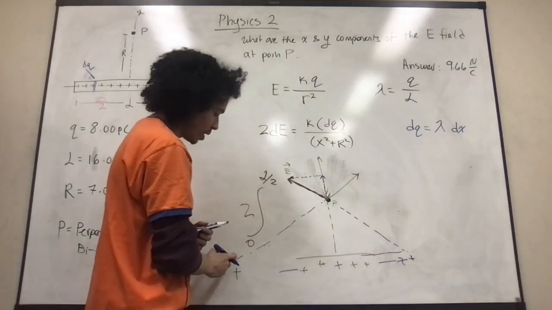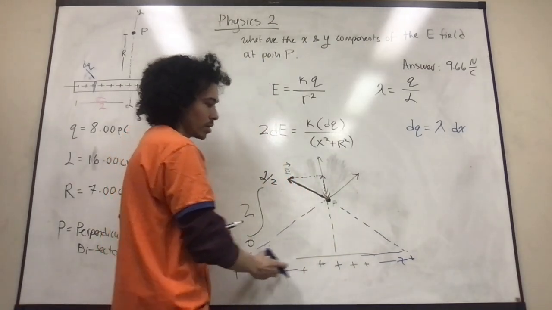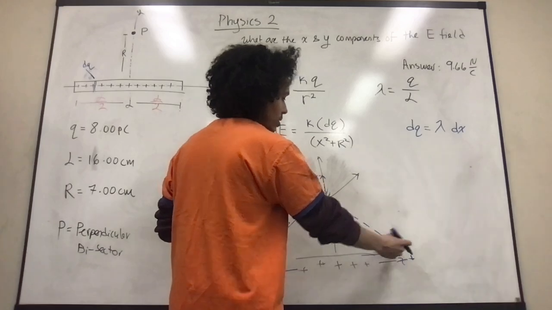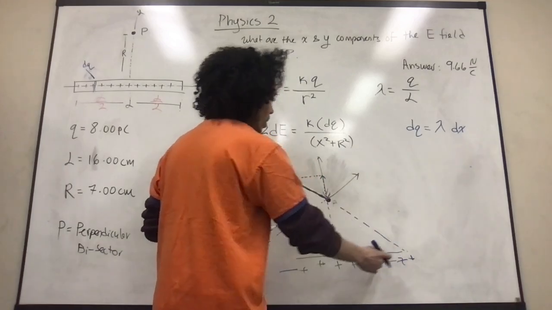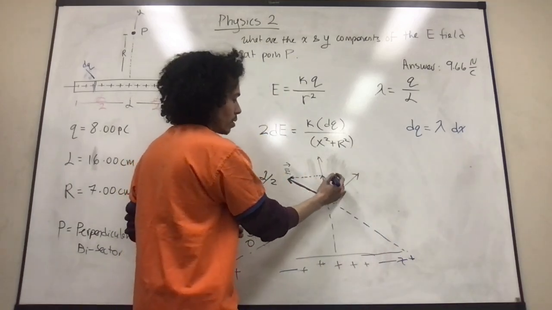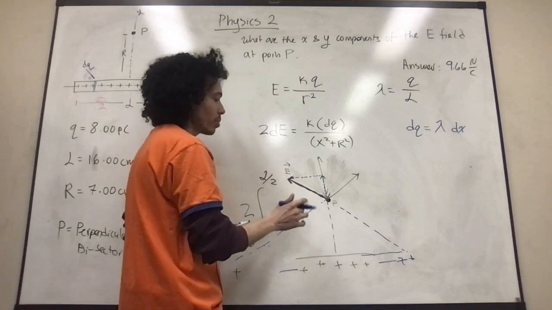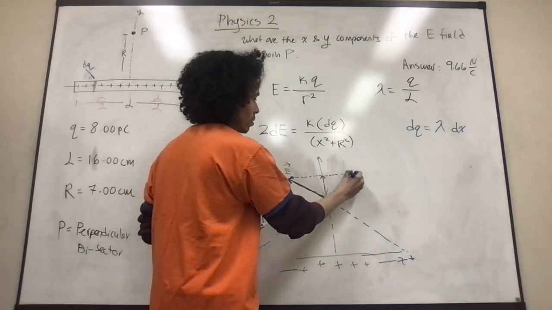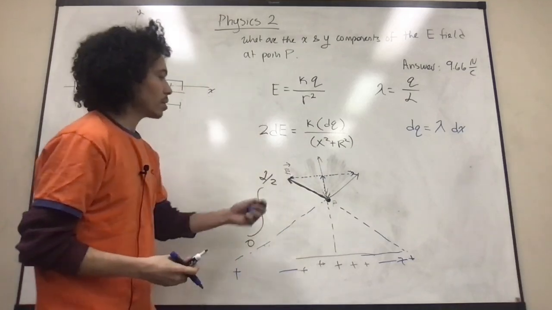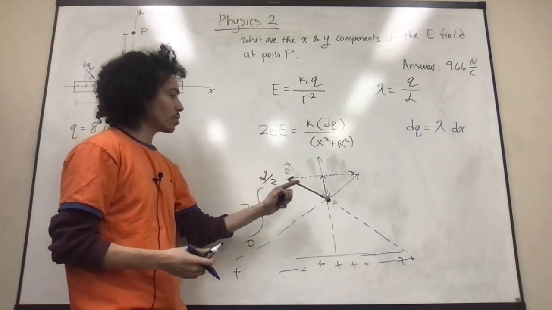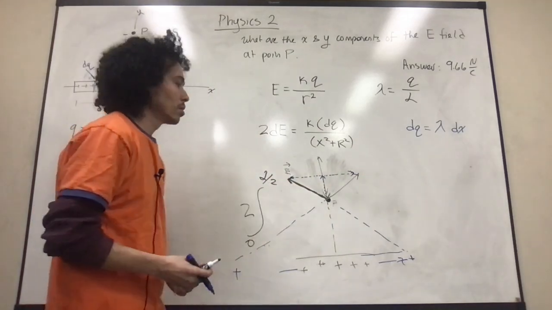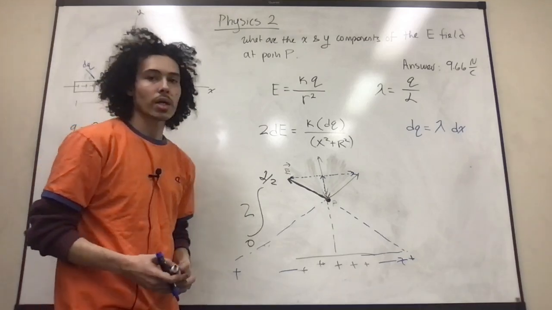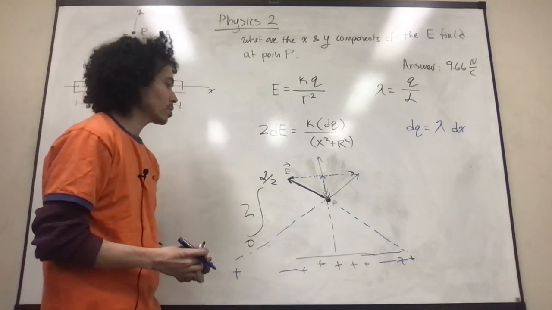Say this is the beginning of the rod, and this is the last piece of charge on the rod. If we look at the x components of both of these vectors, one is going this way and the other is going the other way, meaning they're going to cancel.